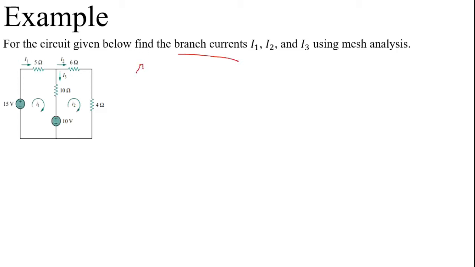If we apply KVL for the first loop, that means the voltage across a closed loop is 0.